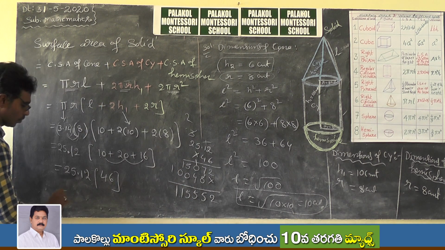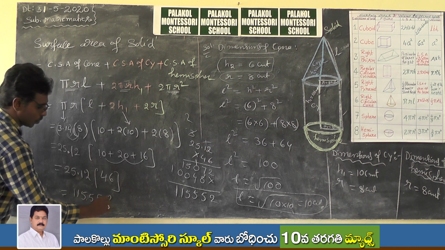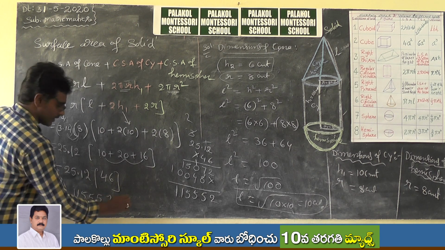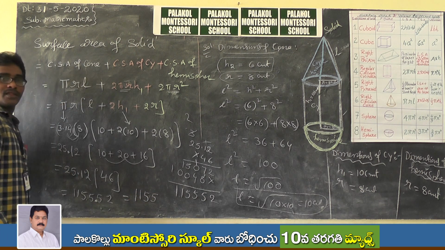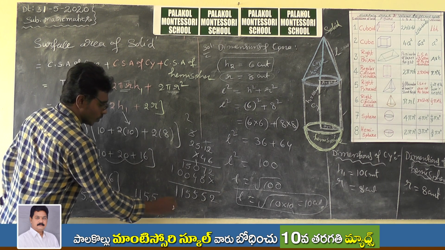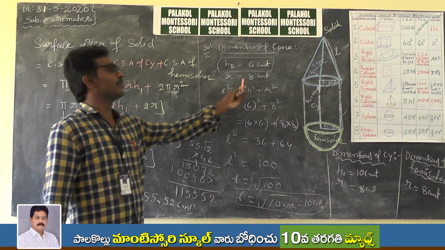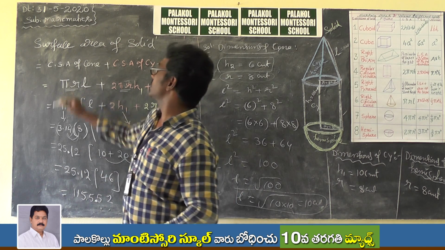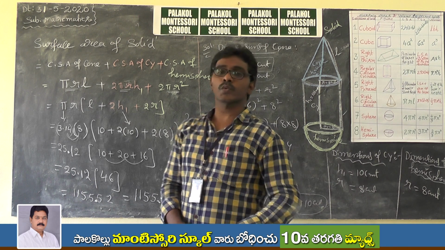So here 1155.52, after two numbers one point. So finally 1155.52 centimeters square. All these measurements are mentioned in centimeters. You find out the surface area, so the unit is centimeter square.